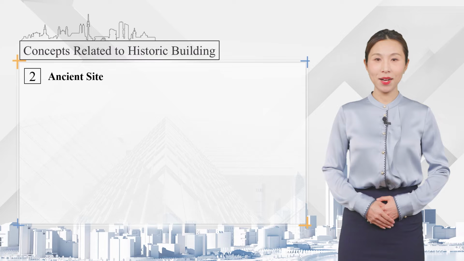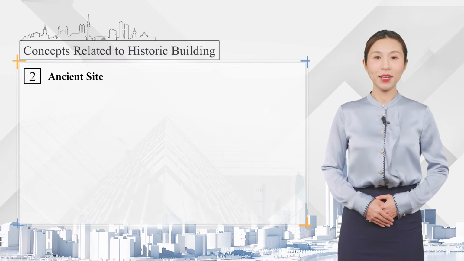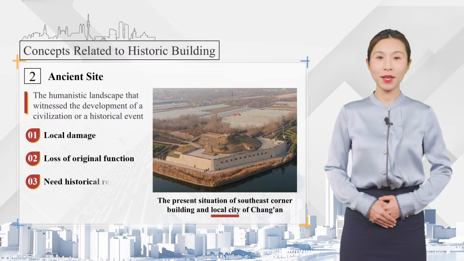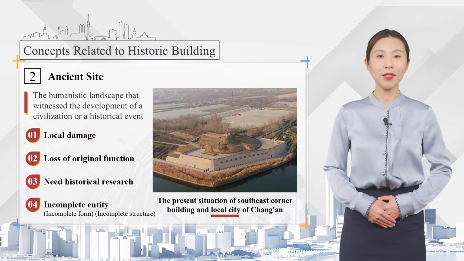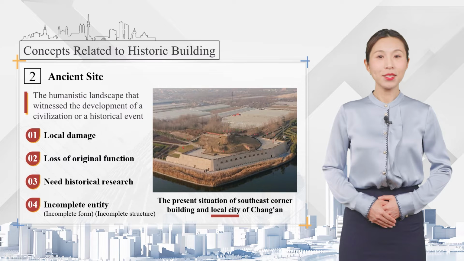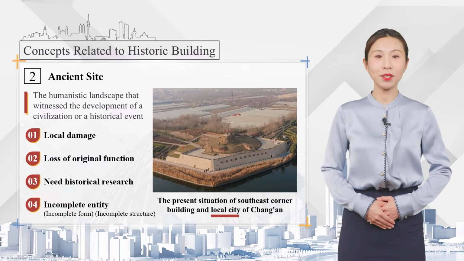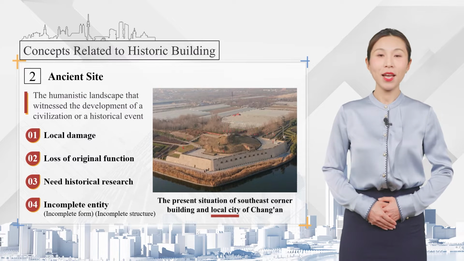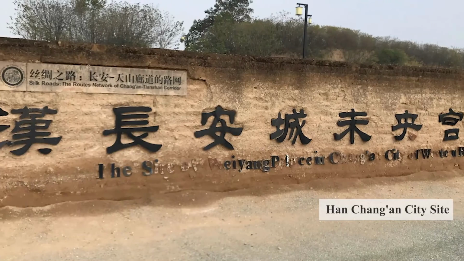First, let's discuss ancient site. Ancient site refers to the humanistic landscape that witnessed the development of a civilization and a historical event. Specifically, it refers to a partially damaged entity, incomplete in form or structure, which has lost its original function and needs historical research.